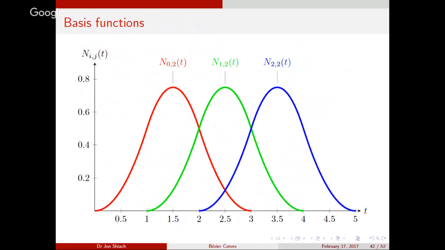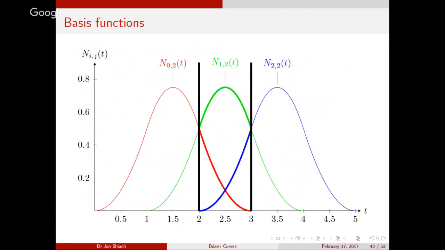Between 1 and 2, only the red and green are defined. But between 2 and 3, I've got all three of them defined. So between these black lines is where my B-spline is defined, which isn't a good thing, because we've got all these values of t, and our B-spline is only defined between 2 and 3.